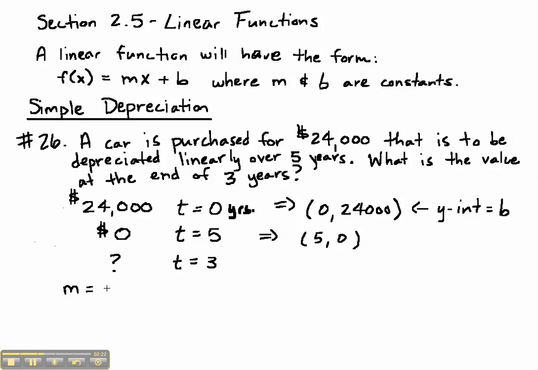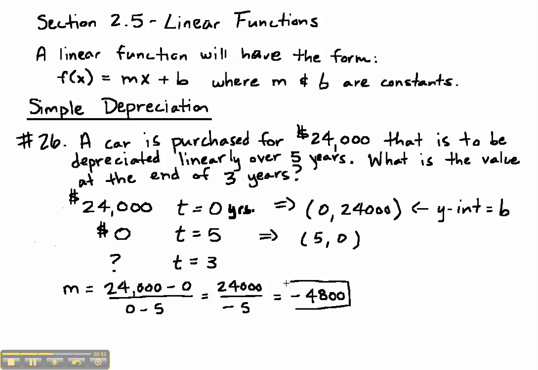We need to find what the slope is, so that's using our formula y sub 2 minus y sub 1 divided by x sub 2 minus x sub 1. So that would be 24,000 minus 0 divided by 0 minus 5. And 24,000 divided by negative 5 is negative 4,800.